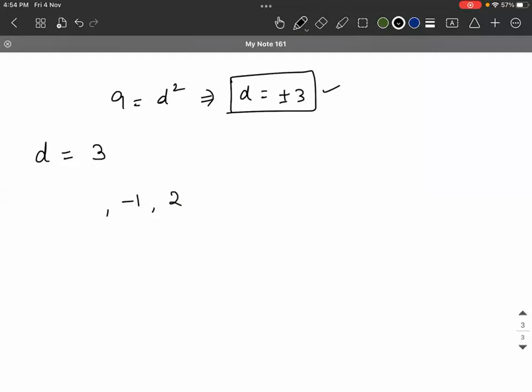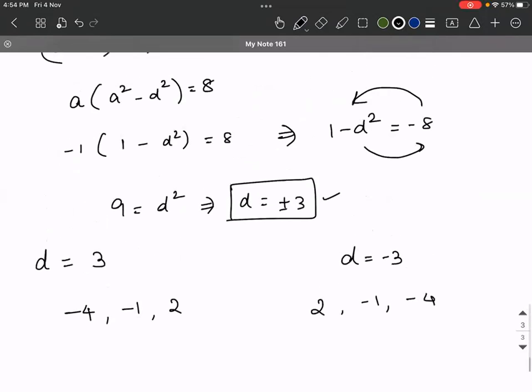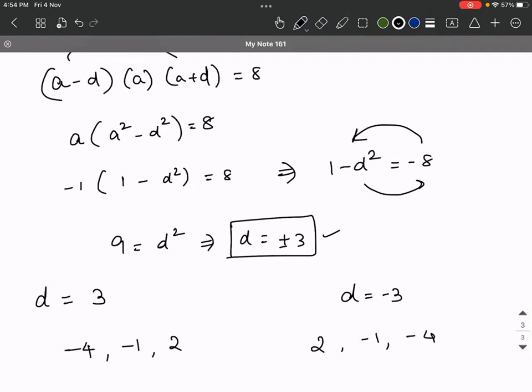On the left hand side, it is going to be minus 4. When D is equal to minus 3, the middle term is minus 1. Here you will have minus 4 and here you will have plus 2. Is this point clear or not? Is there anyone having doubts in this? No doubt, sir.